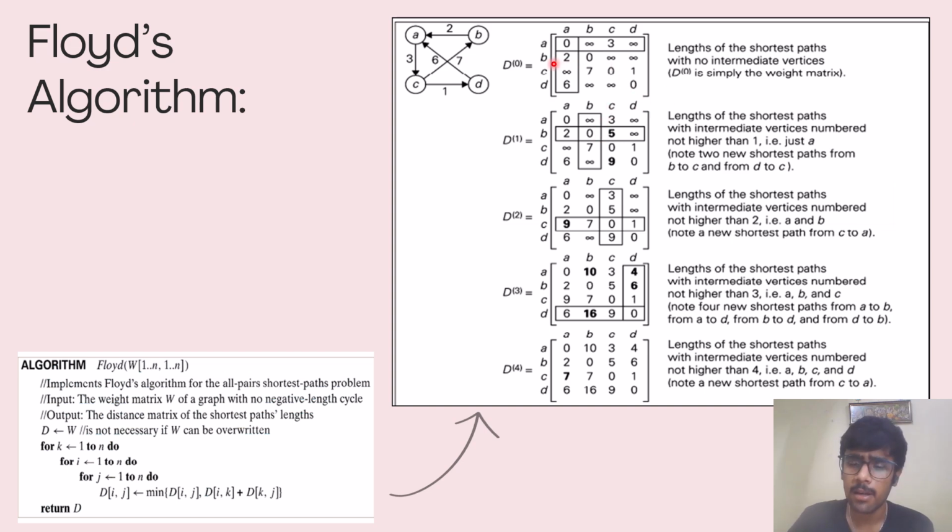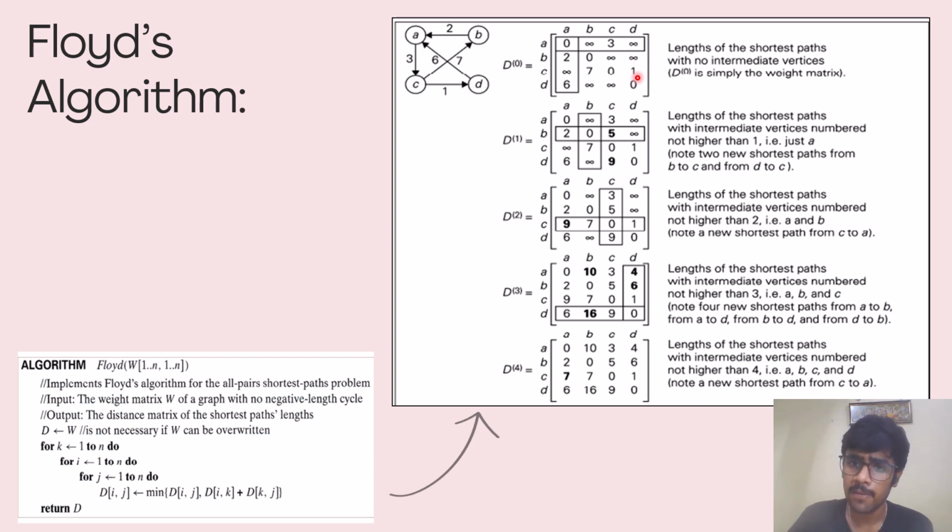Suppose I want b comma c. The current value is infinity, compared with b comma a plus a comma c, that is 2 plus 3, which is 5. The minimum of infinity and 5 is 5, so I get 5 here. If I take the third case, b comma d, the current value is infinity, compared with b comma a plus a comma d, that is 2 plus infinity.